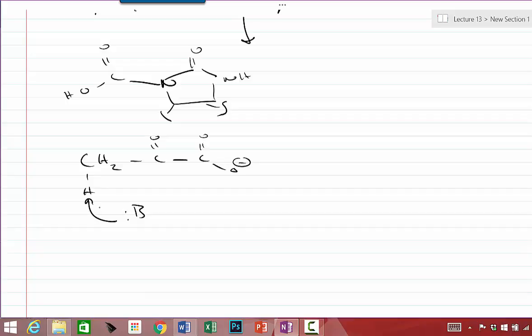methyl group, okay? And then you get a double bond formed, a carbanion bond, and then the oxygen, the double bond oxygen is going to become single bonded. Okay.